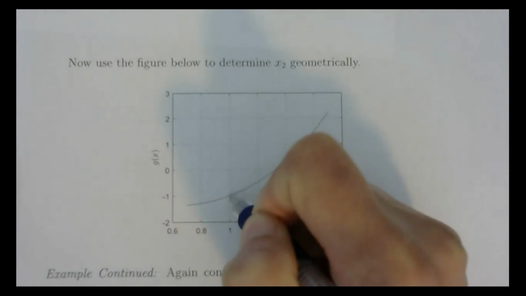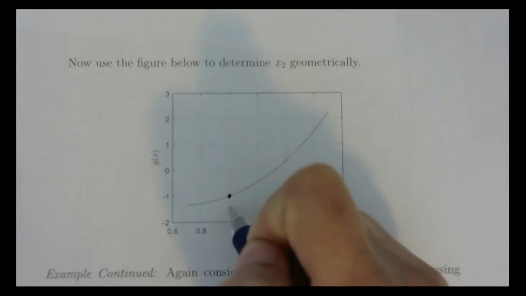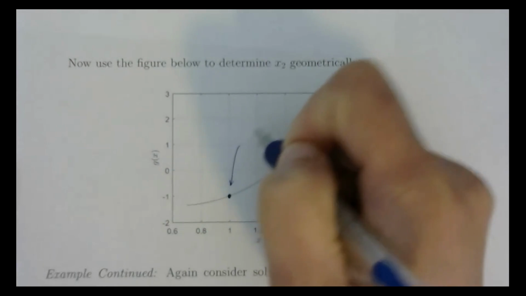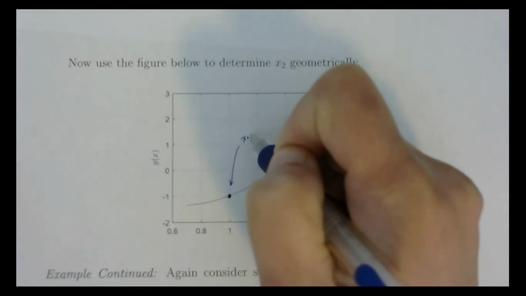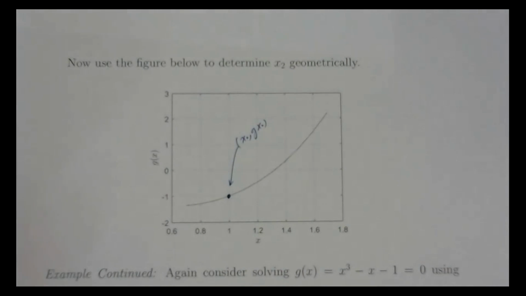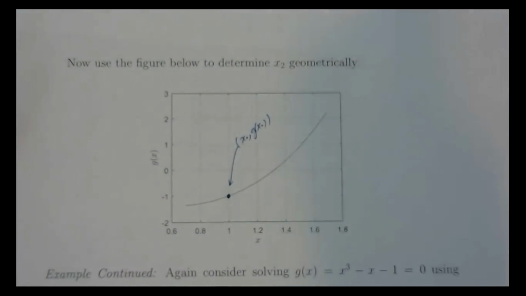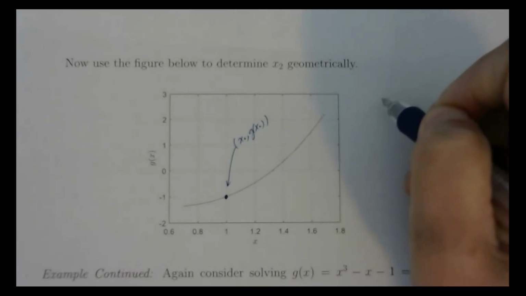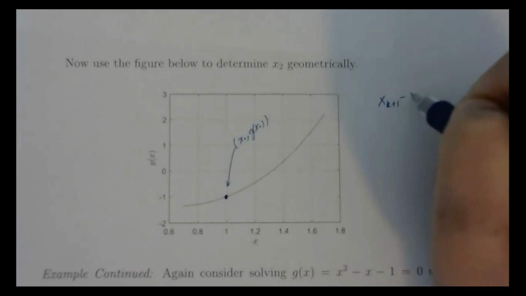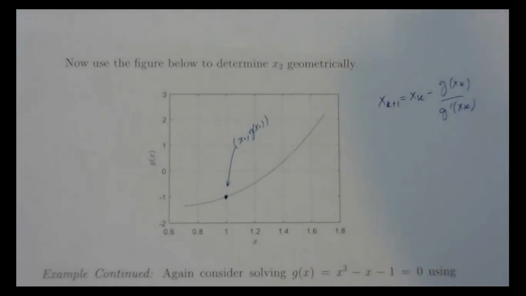So I'm going to give an initial condition here. Okay? So this is x naught, and g of x naught is this point. So what does Newton's method mean? Newton's method says x_{k+1} is equal to x_k minus g(x_k) over g prime at x_k.